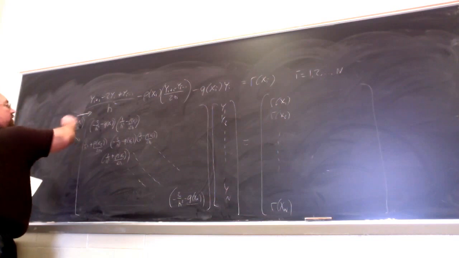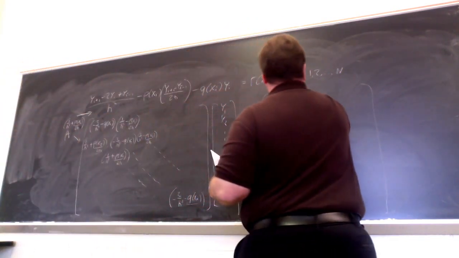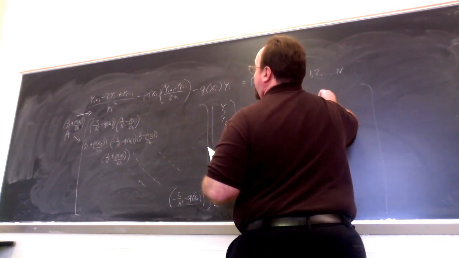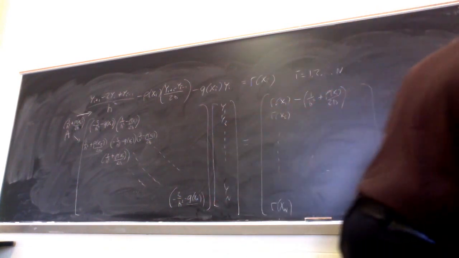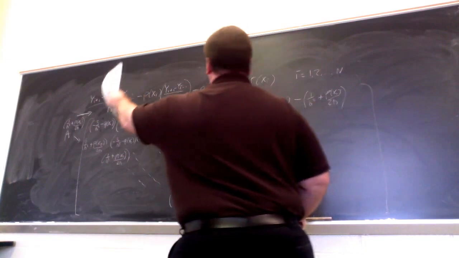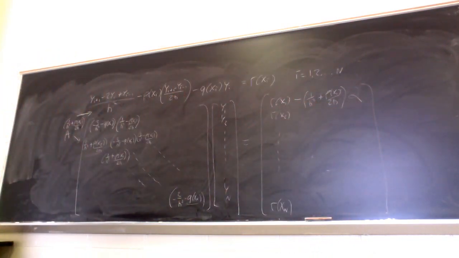It has to be moved to the other side. So that's why I have subtracted 1 over h squared plus p of x1 over 2h, which thankfully agrees with what I have there, times y0, which is known to be alpha. So that's where that part really comes from.